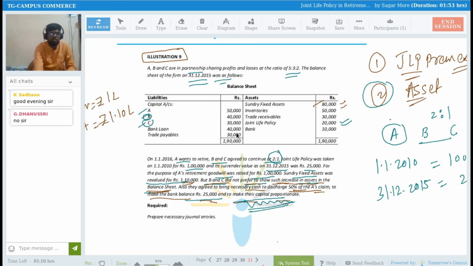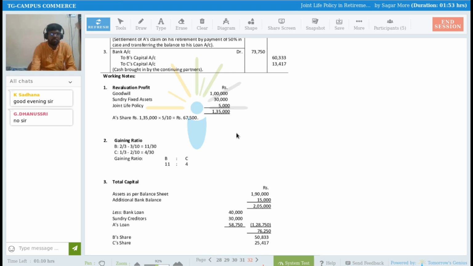They clearly mentioned in the question the goodwill amount you have to raise by rupees 1 lakh. So the value of rupees 1 lakh goodwill is increased. That is nothing but your asset. If I prepare a revaluation account, because they are giving this treatment to the revaluation account only, if any asset increases, you have to write it on the credit side.